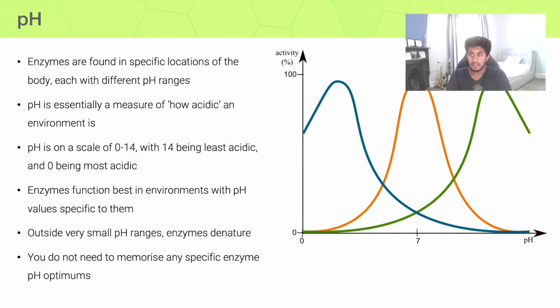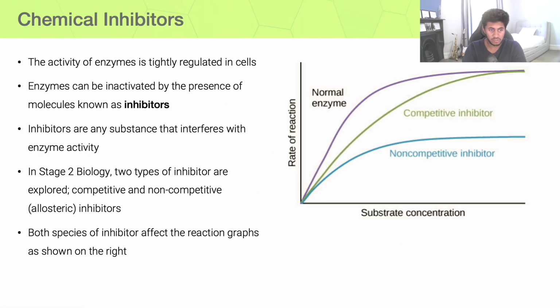So another thing that we talk about as a factor affecting the rate of enzyme reactions is chemical inhibitors. The activity of enzymes is tightly regulated in cells by molecules known as inhibitors that inactivate enzymes. So the term inhibitor basically means any substance that interferes with enzyme activity.